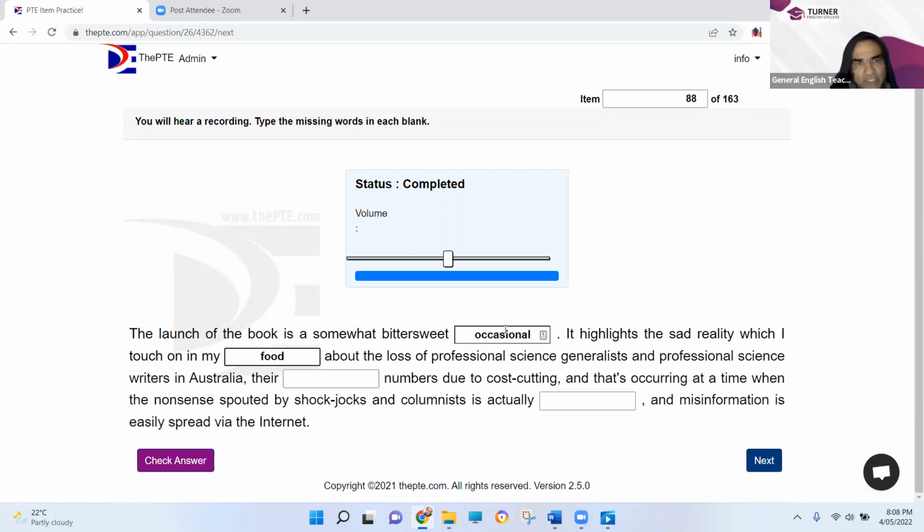Food. Okay, next. There's no negative marking, so come up with an answer. In Australia. The mish. You said the mish. Or the miss. Okay. The mish. And number 4. I missed number 4. And that's fine.